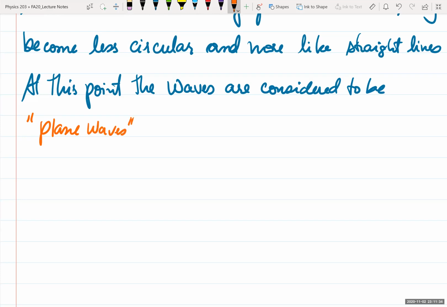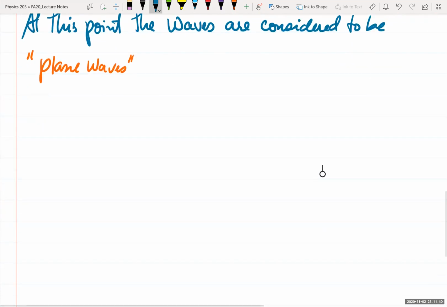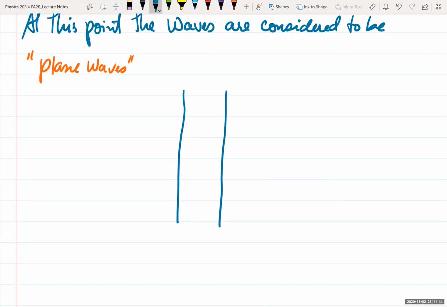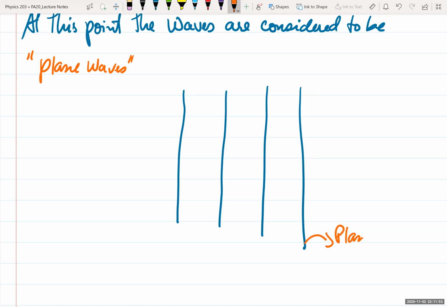Okay. And they are still perpendicular to the rays. So basically what this looks like is our waves are going to look straight. So this right here, this is our plane waves. And we still have our rays, but because we're far, far away, now these rays are parallel to each other.